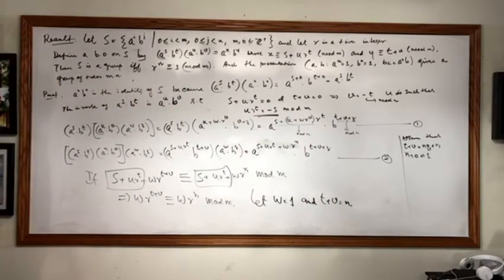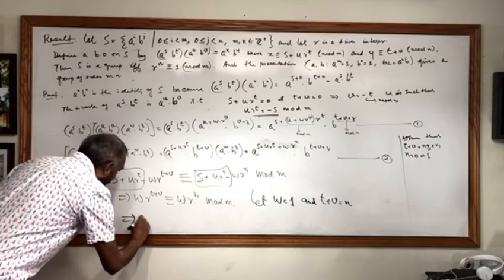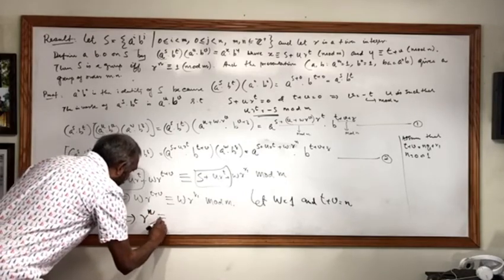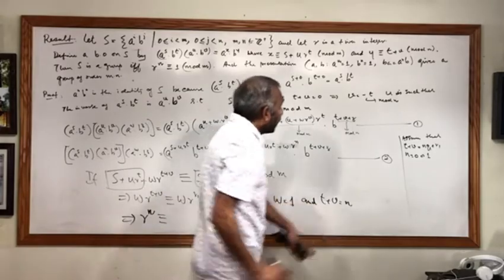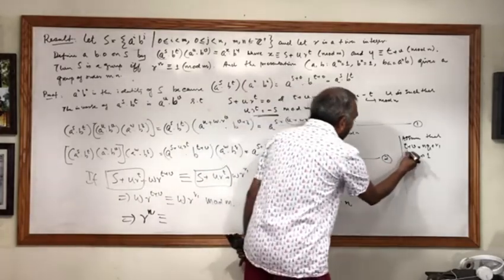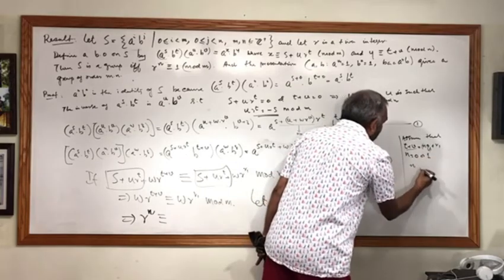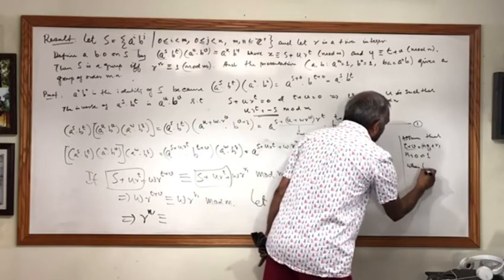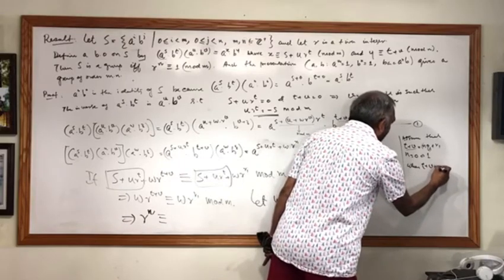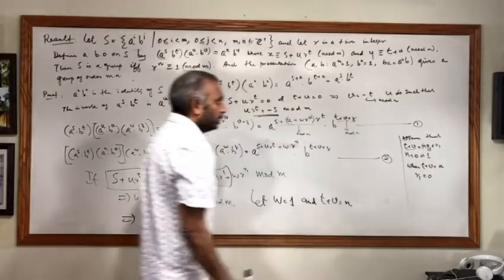That is possible because it is true for all w, and that implies r to the power of n is congruent to... when t plus v is equal to n, r1 is going to be 0.